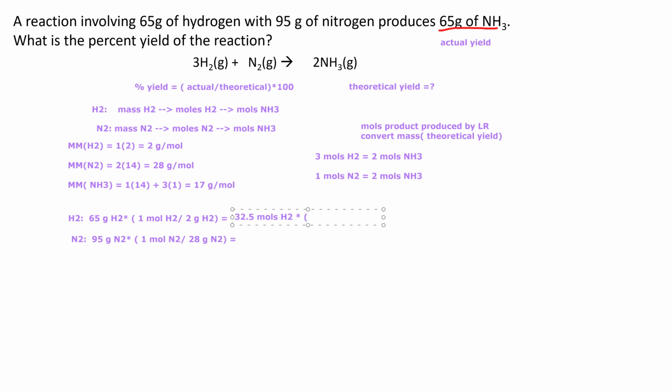Again, since we're starting with H2, our moles of H2 will go on the bottom, the moles of NH3 on top. And this will tell us the moles of NH3 produced by H2.